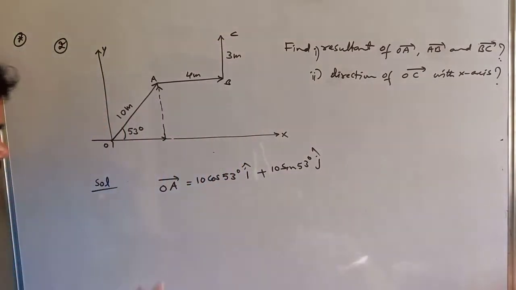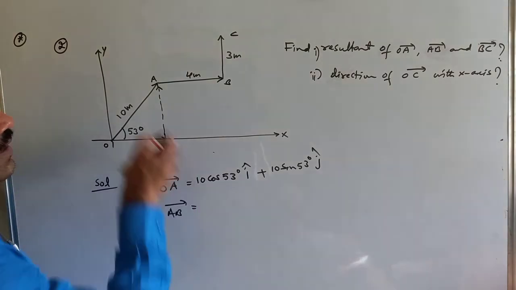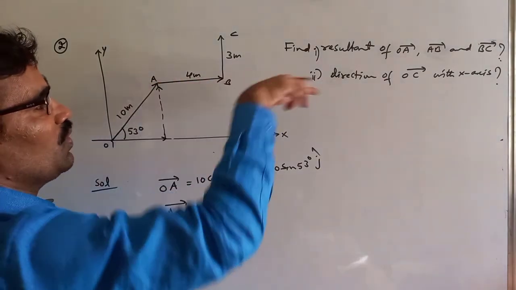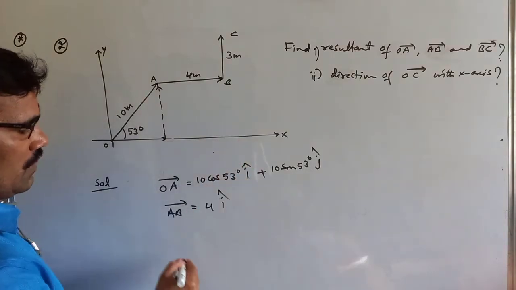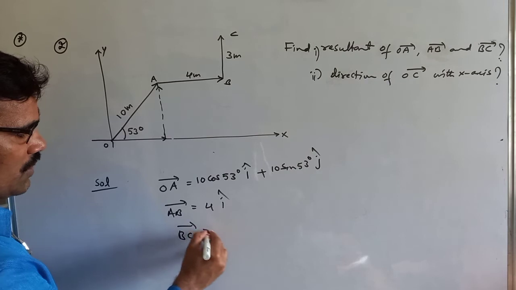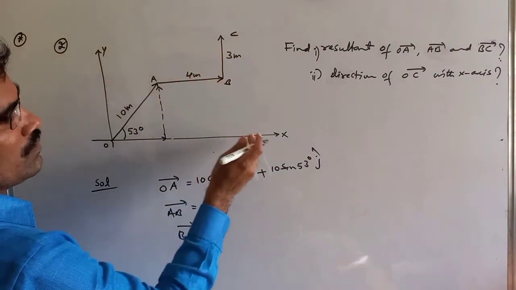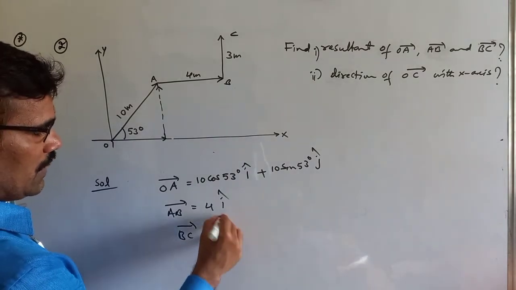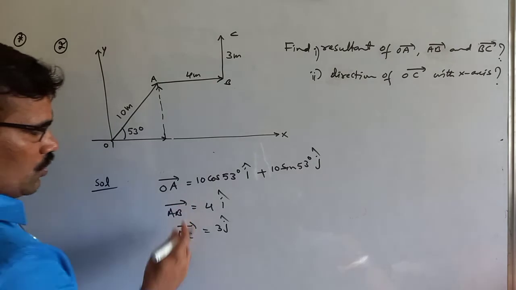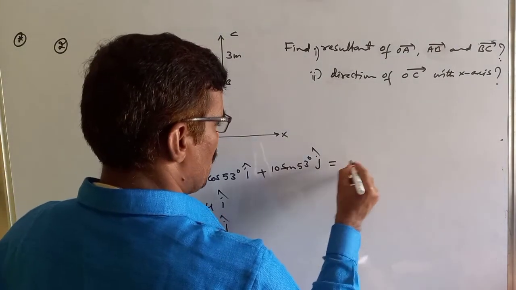Then AB bar: its direction is parallel to the x-axis, so 4 i cap. Then BC bar is parallel to the y-axis, no x component, so 3 j cap.